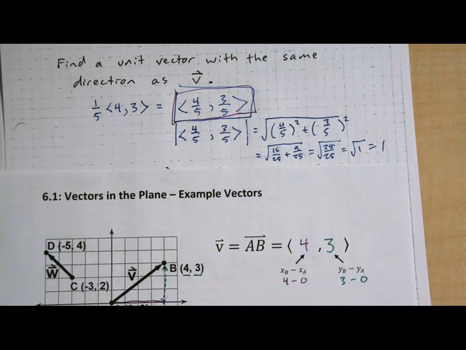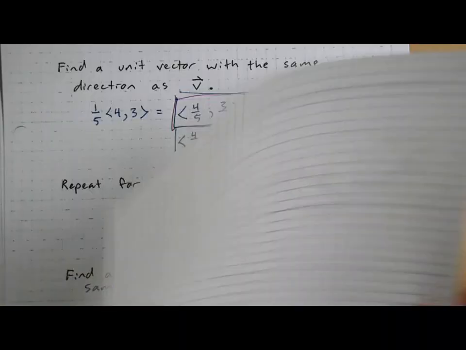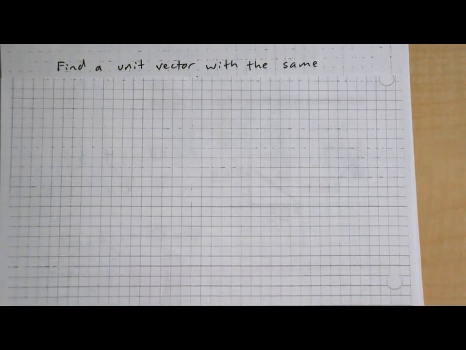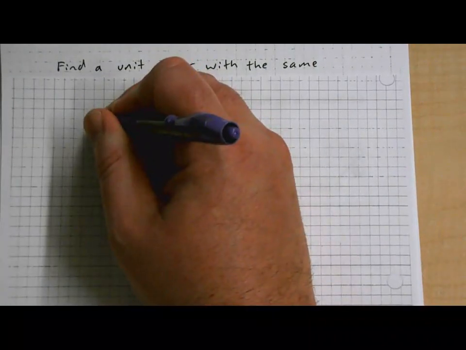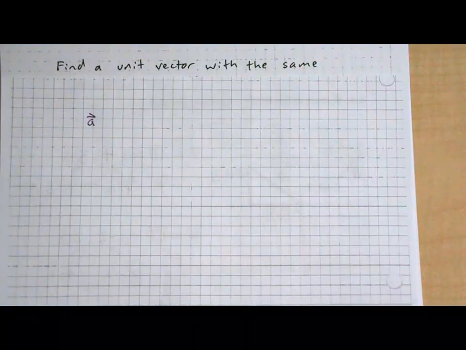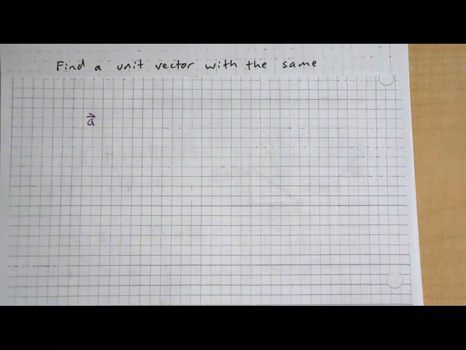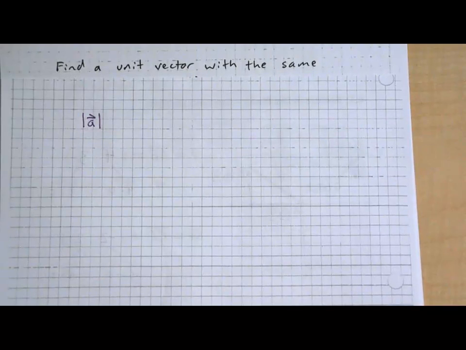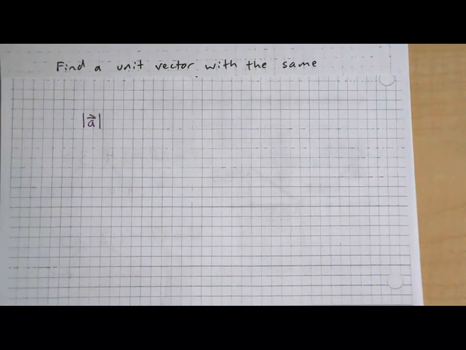All right, as you're wrapping up here, I've got a question for you. If I had a different vector, let's say vector A, and I found the magnitude of it. All right, that's the magnitude of vector A. This is the part where I want you to be saying these things as you're writing them. You don't need to write this down. Just pay attention.